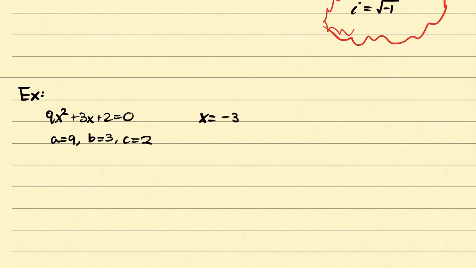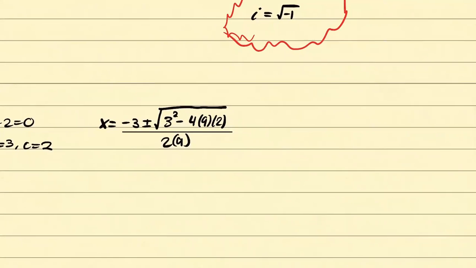X is negative B plus or minus the square root of B squared minus 4 times A times C, all over 2 times A. So what do you guys think is going to happen inside the square root?